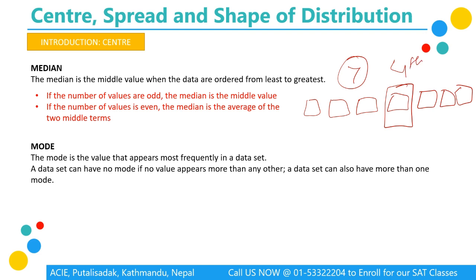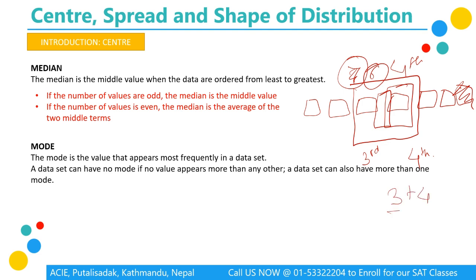However, when we are given an even number of data, for example, 6 data, the third or fourth is definitely not going to be the middle term. The middle term is going to be between these two. So in this case, we have to use the two middle data, the third term and the fourth term. We have to find the sum of those terms and divide it by 2. That is going to give us our median.